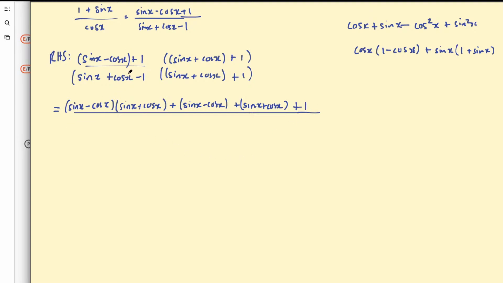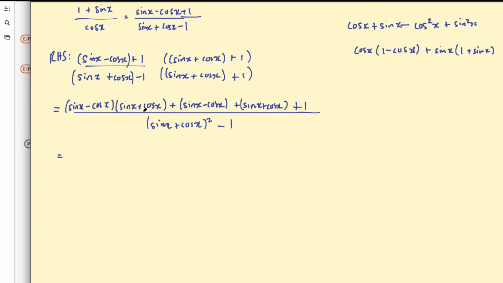On the bottom, we have sine x plus cosine x all squared plus 2 lots of, no, sorry, they cancel out. So positive sine x plus cosine x takes sine x plus cosine x, and then a negative 1. Okay. Then what?